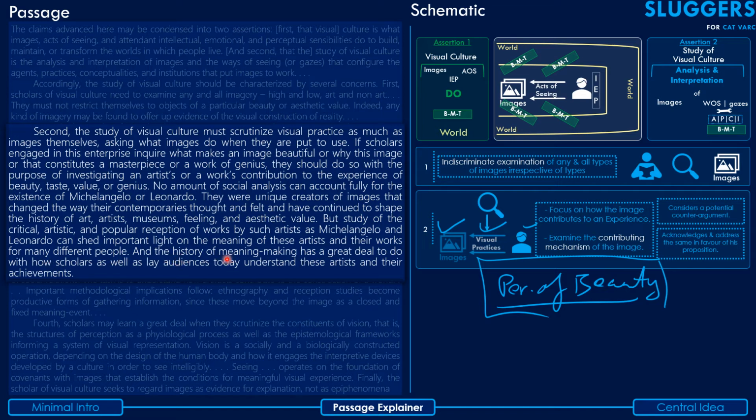Okay, it can further help us understand the meaning that these artists wanted to convey, and the meaning that they conveyed through their work for many different people.